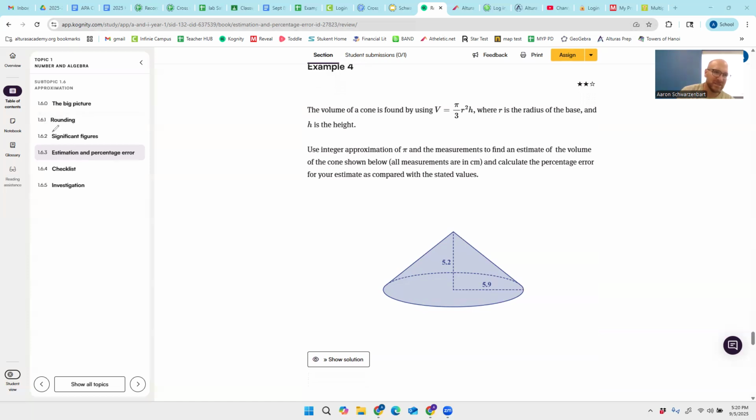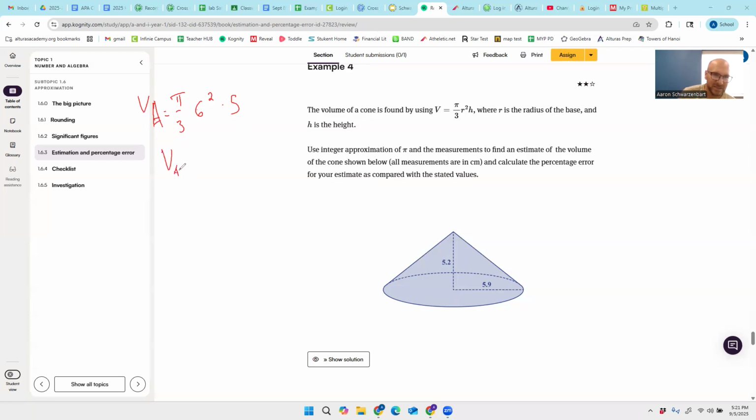So my estimate is going to be pi over 3 times my radius estimate is 6. The approximate times my height is 5. 12 times 5 is 60 pi.